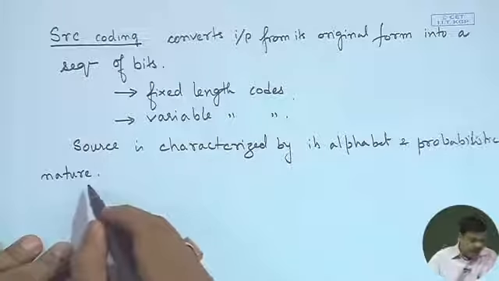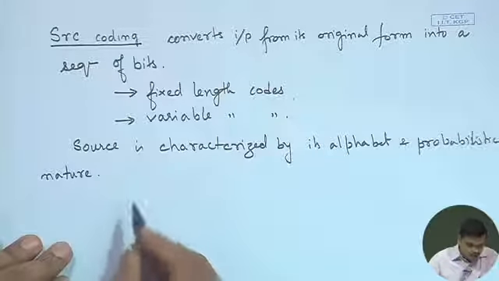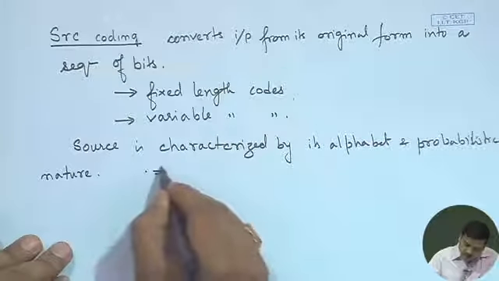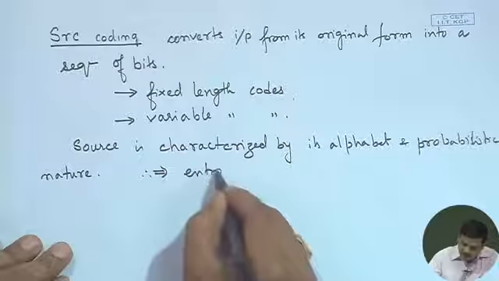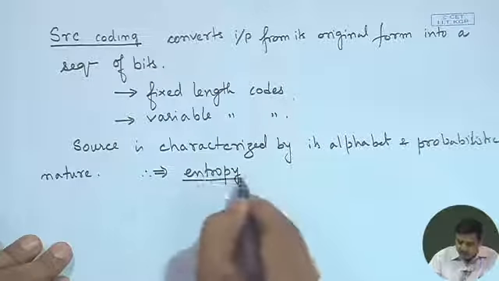Or you could say 10%, 50% and 40% and so on and so forth. So, that is what we mean by it is characterized by an alphabet and its probabilistic nature, and therefore, it has an associated entropy, which we are going to define, right.